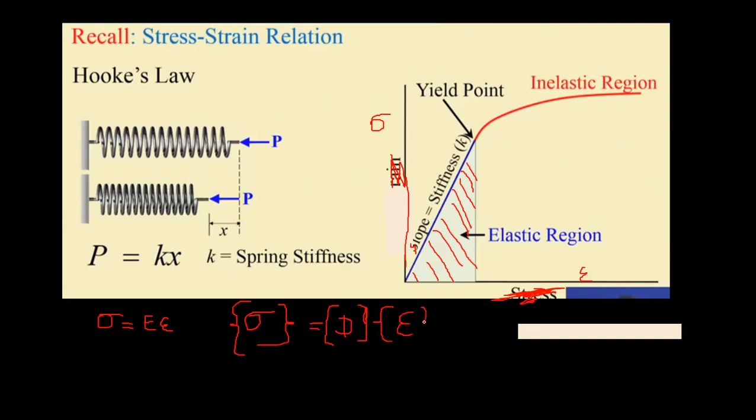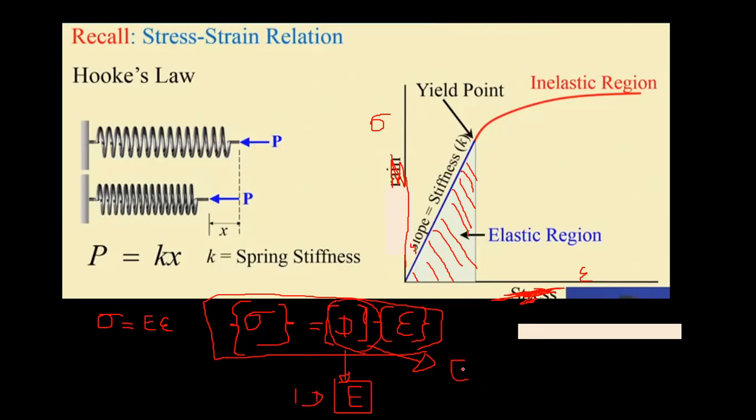There will be 6 strains as well. For a 1D case, this straight away becomes E. But this D is actually the generalized Hooke's law. This D matrix depends on E, Poisson's ratio, and the material properties.